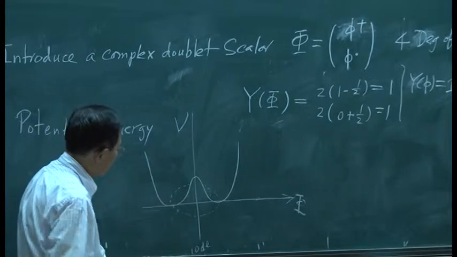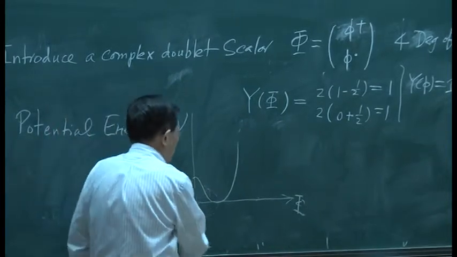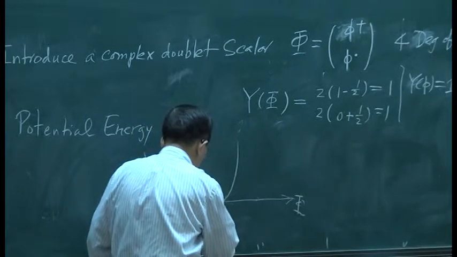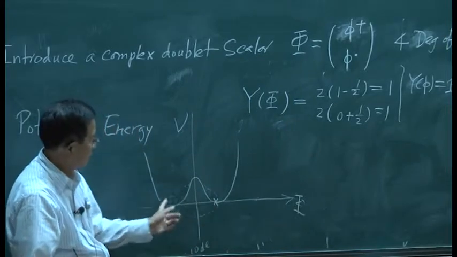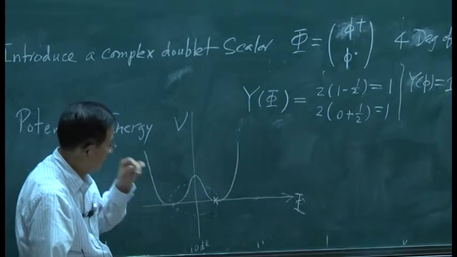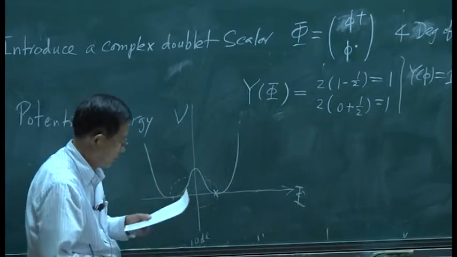So it's totally symmetric. But in order to quantize the theory, you have to pick a point. And once you pick a point, for example here, then you select a particular direction. The symmetry with respect to rotation is now broken. And that's why it's called spontaneous symmetry breaking, okay?